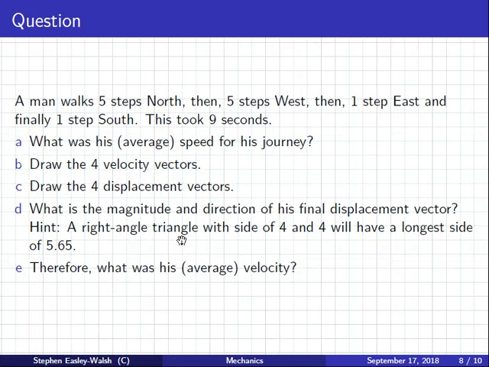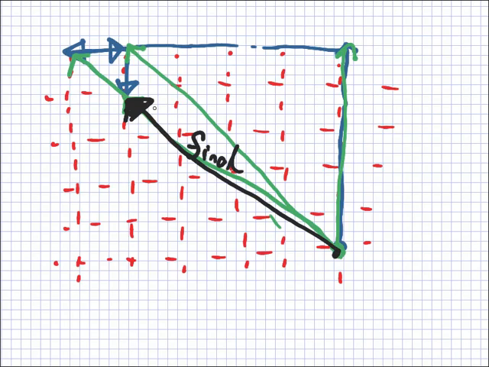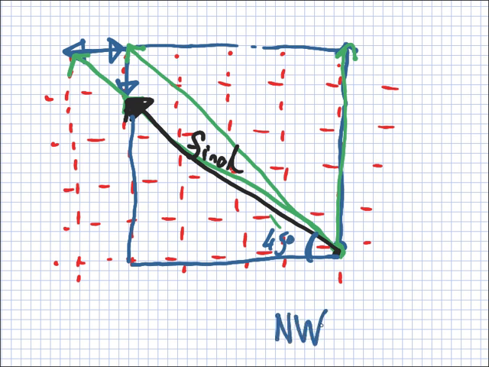Well, let me help you. I give you a little hint. If you look at this vector, how big is this side? 1, 2, 3, 4 units. And this one here is 1, 2, 3, 4. So you actually know what this angle is. It has to be 45. So that means it's northwest. But how big is it?